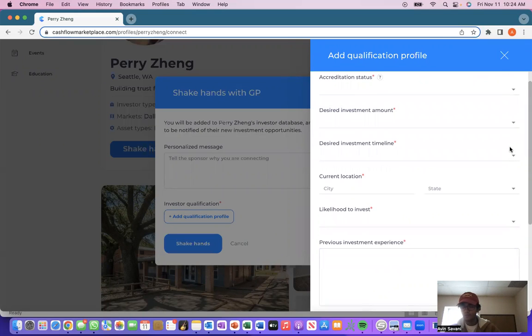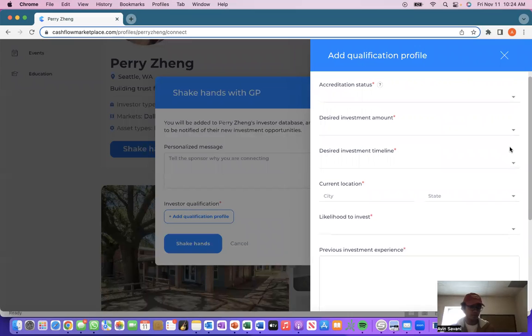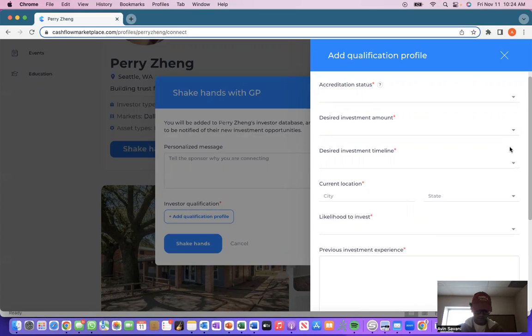So I think the rule is for 506C, you can have unlimited accredited investors, and then with 506B, you can get up to 35 non-accredited investors, like friends and family, onto the deals. I'm not too sure. Let me just verify that. 506B is that companies cannot usually solicit or advertise, but they can generally solicit or advertise with 506C.